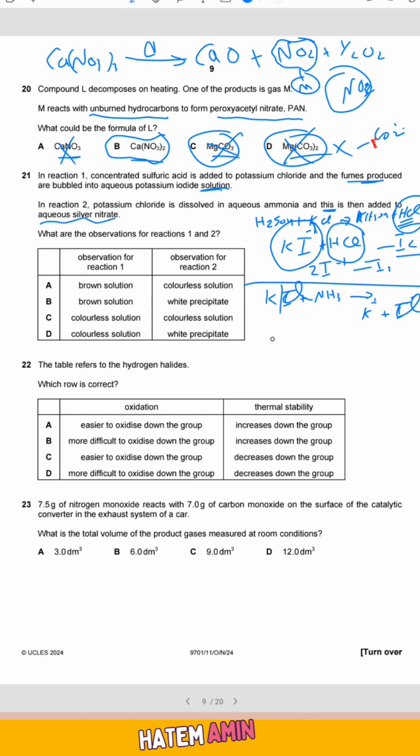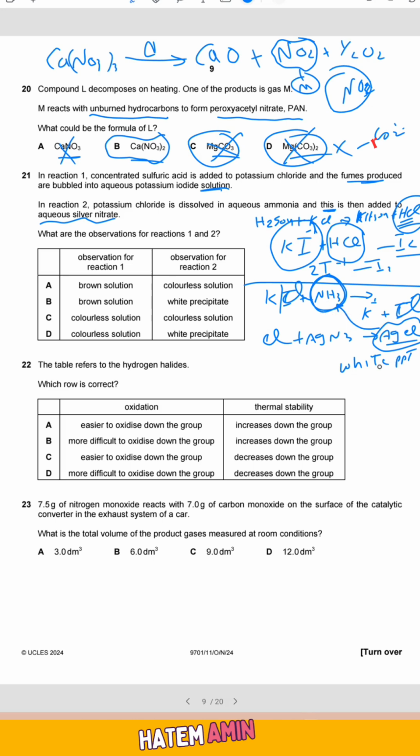So if the chloride is added to AgNO3, of course it will give us AgCl, which as we know is a white precipitate. But as we still have ammonia here, this white precipitate can dissolve in ammonia.